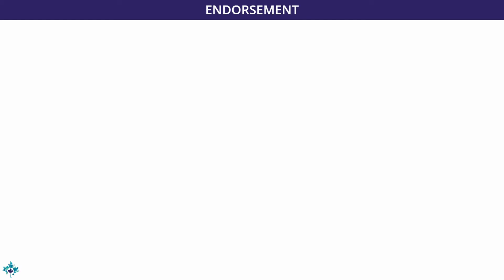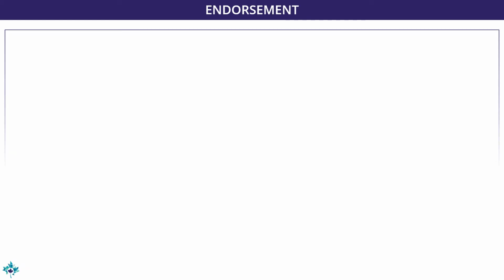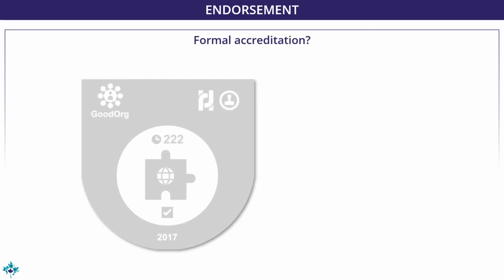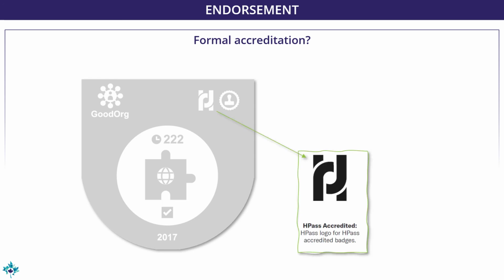So endorsement, that's something that can help build the value of your credential. By endorsement, we mean by a third-party organization, and this can be formal as a type of accreditation. This is something that we call a non-formal accreditation. It's not a credit, but this organization in HPAS would be accredited according to learning standards.